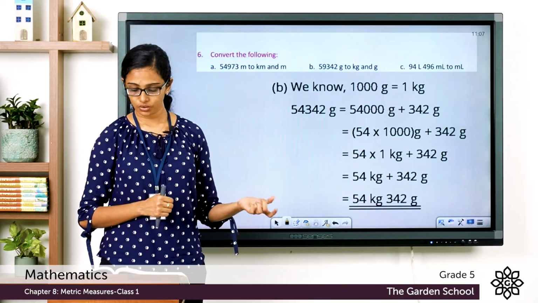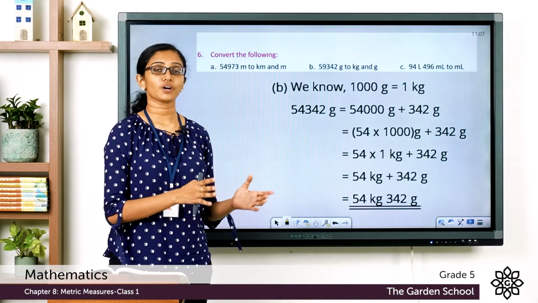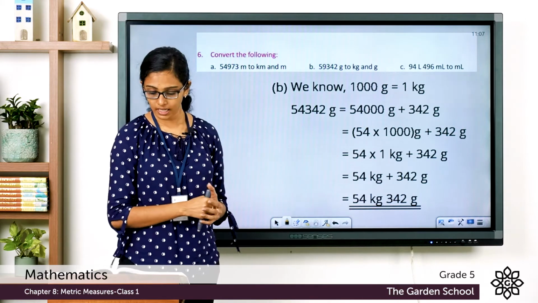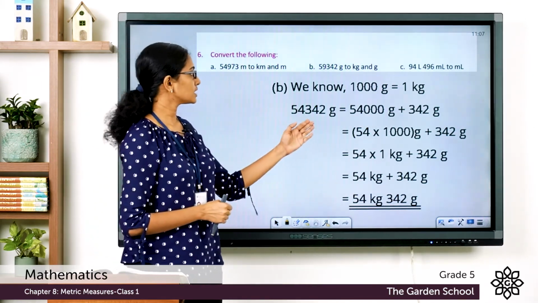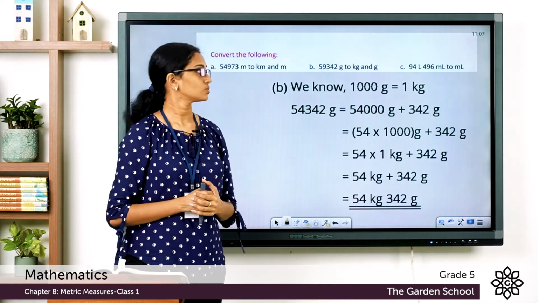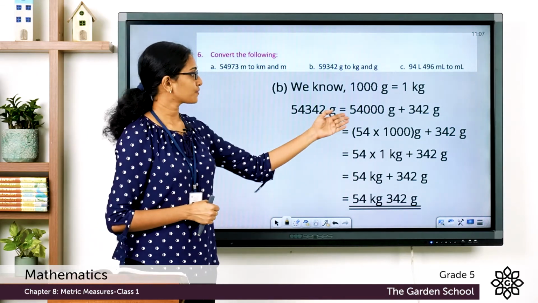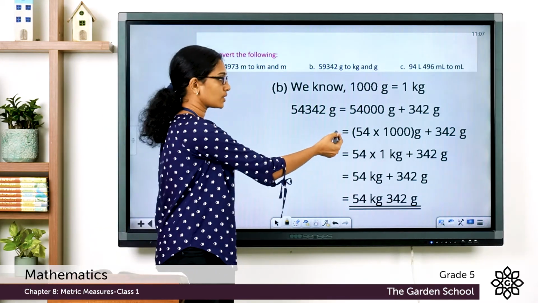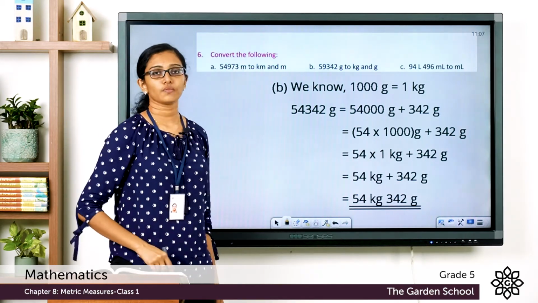59,342 grams to kilograms and grams. So 59,342 is a little more than 59,000. So let's split that measurement as 59,000 grams plus 342 grams. So what is 59,000 grams? It is equal to 59 into 1000 grams plus 342 grams.